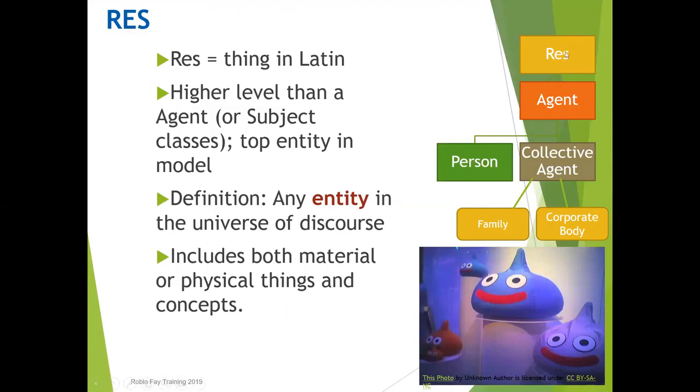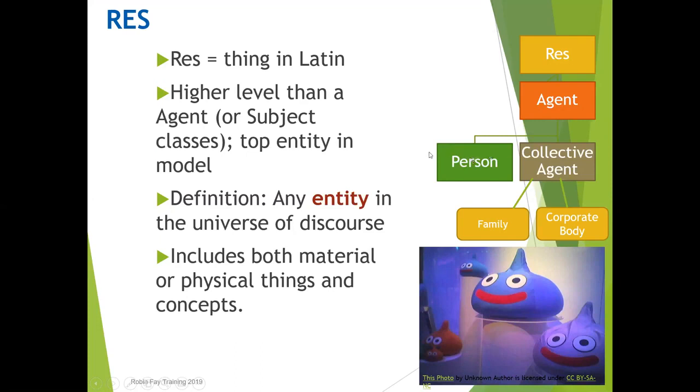So we have res at the top, and we're just looking at the subcategories now that include the name authorities. So agent, agent is just where we're going to put all of our authorities. So at some point we may talk about agent, and that means authorities for us. And then of course we have person.